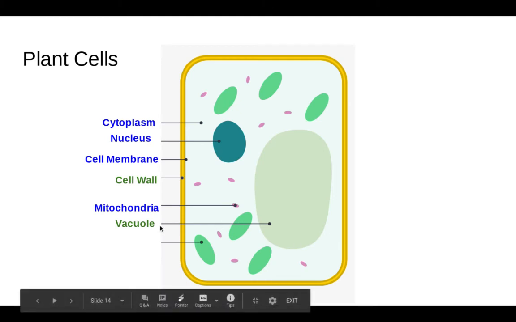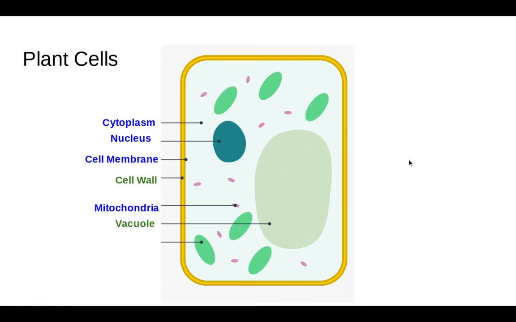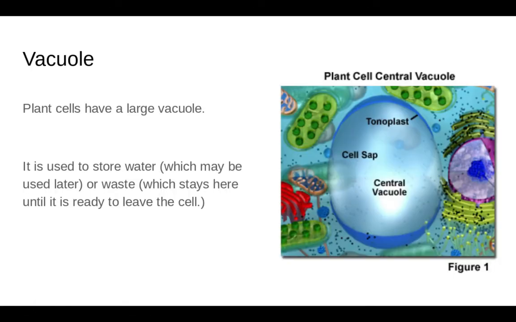Our next one is our vacuole, which is this really, really big grey thing here, even bigger than a nucleus. What's that for? So plant cells have a large vacuole, okay? Animal cells actually do have one, but it's very, very small. Plant cells have a big one. And the large vacuole is used to store water or waste, okay? So the water might be used later, maybe by the mitochondria, for example.